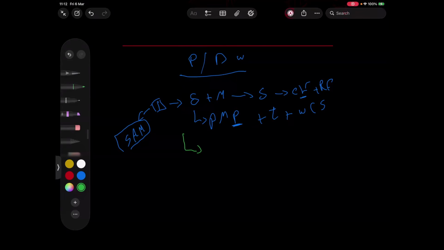Azithromycin. So you're going to think about macrolides. Please write it down. You're going to think about macrolides or any azoles, antifungals.